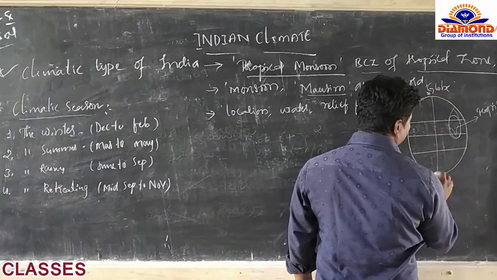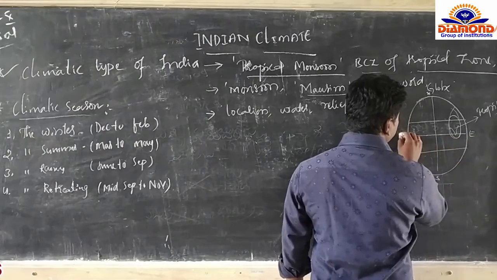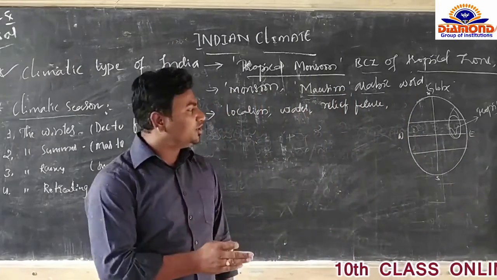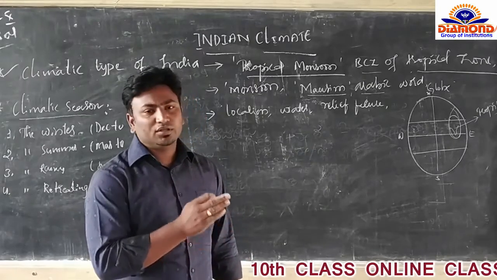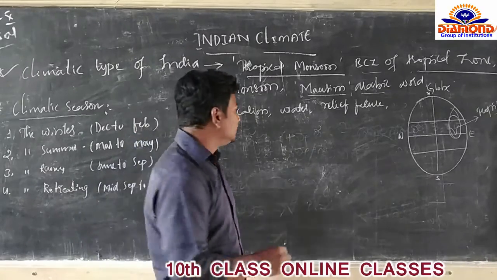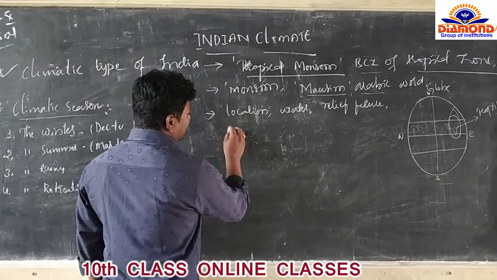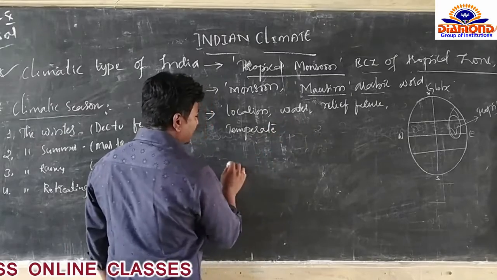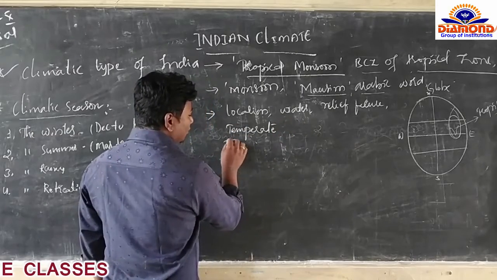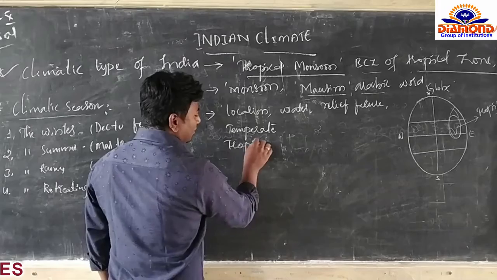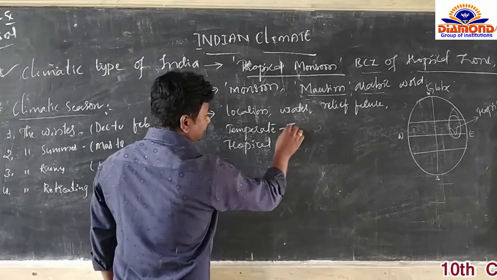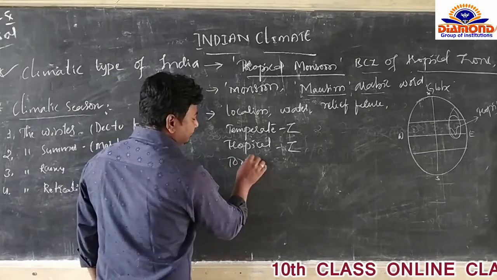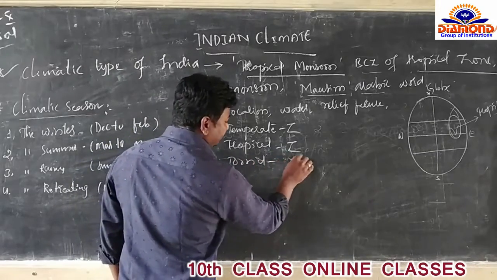This location decides the zone: the torrid zone, the tropical zone, the temperate zone. There are three zonal sections we see. From the top, the frigid zone, then the temperate zone, then the torrid zone in the middle.